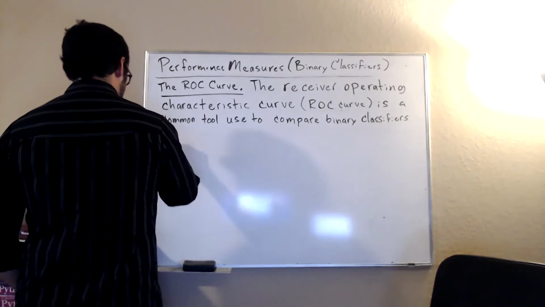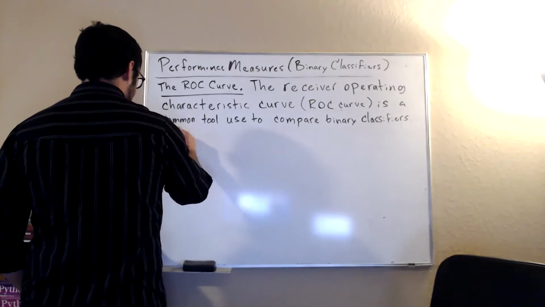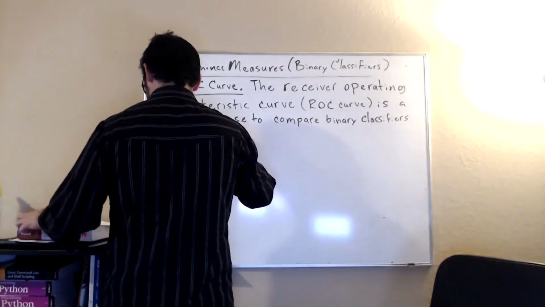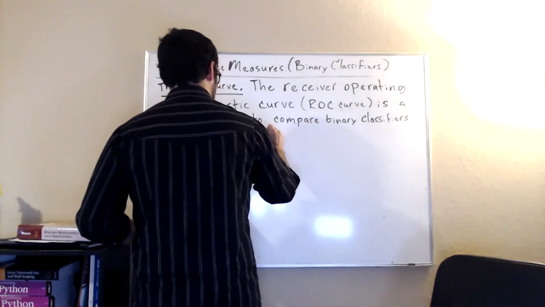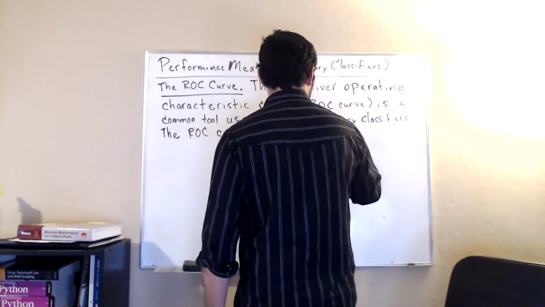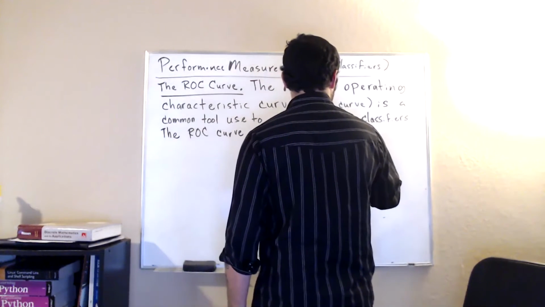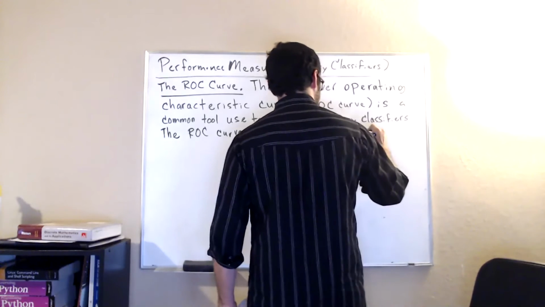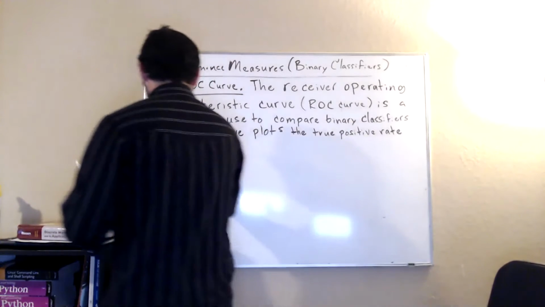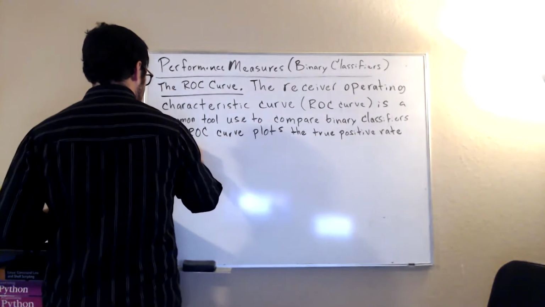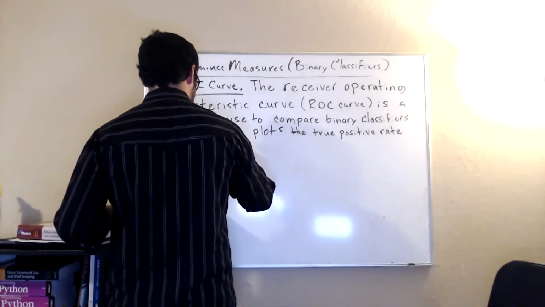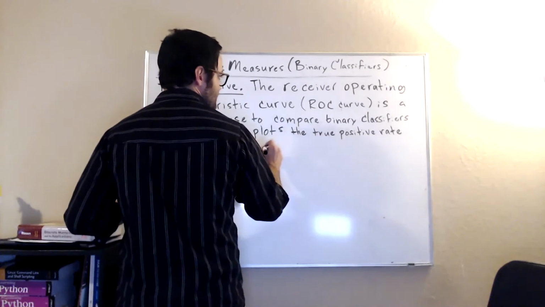Okay, so the way that I'm going to define it is I'm going to say the ROC curve plots the true positive rate, also known as recall, against the false positive rate.